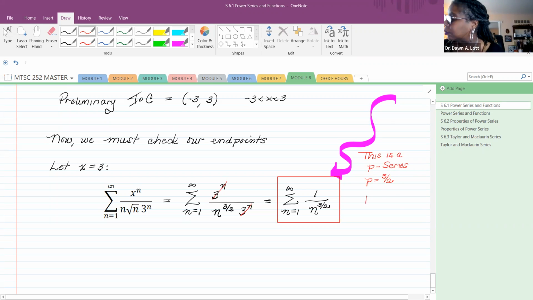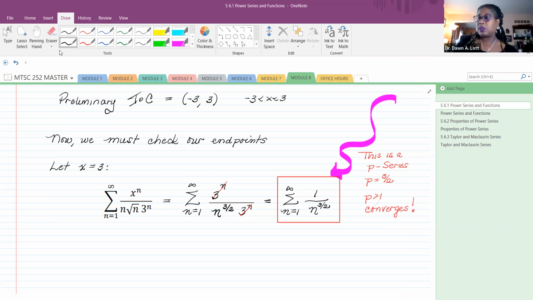Yes. Okay, so that series converges. So that lets me know that this series converges for x equal to 3. So I can include 3 now.